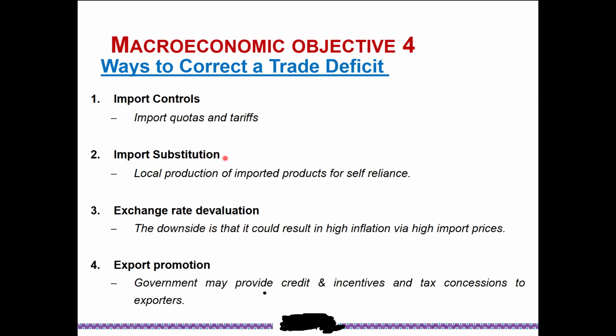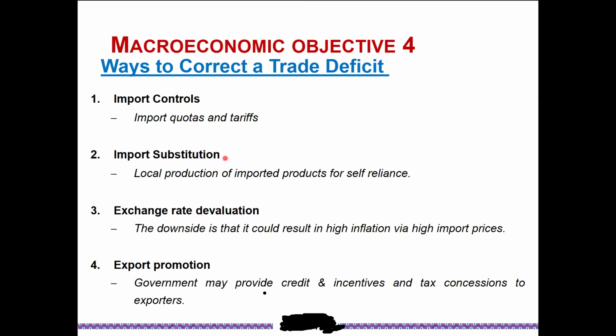So the government will try to help this local producer by providing him with maybe incentives or giving him tax rebates to ensure that he can increase and improve his products, right? And then we can actually buy from him and not import that particular product, right?